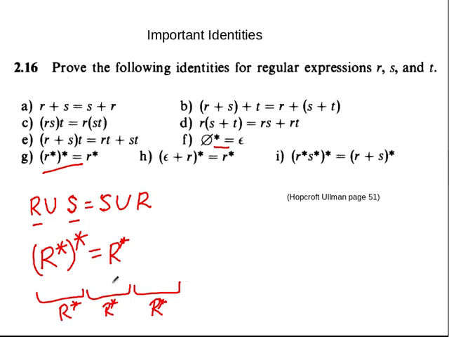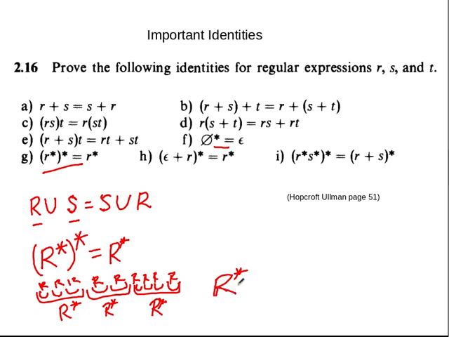Each of them comes from R star, which means each is again a concatenation of strings coming from R. So all these brackets mean there is some string here from R. So then again, this whole thing will be in R star, right?